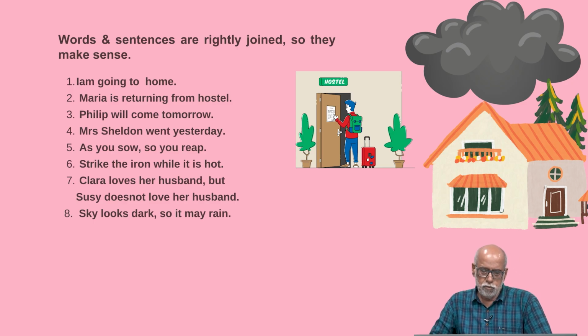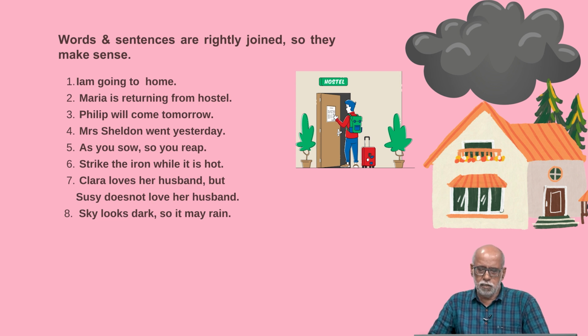As you sow, so you reap. Okay. Strike the iron while it's hot. Clara loves her husband, but Susie does not love her husband. So, in this case it is very unambiguous, very clear that we are talking about two wives, two husbands.